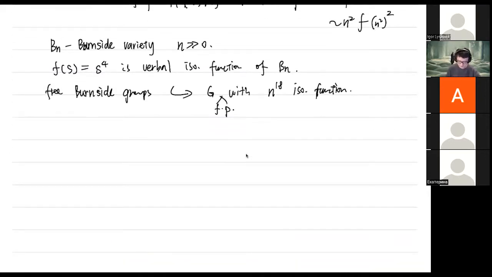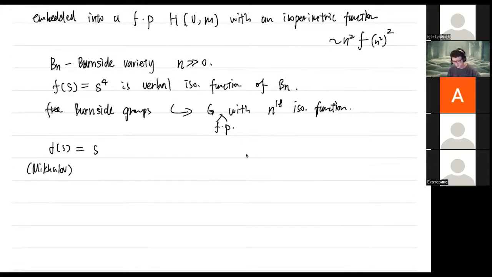Also they improve in this paper, by unpublished work by Mikhailov, which is unpublished, you can actually replace the verbal isoparametric function by s to the epsilon of s, where the epsilon of s goes to 0 as s goes to infinity.